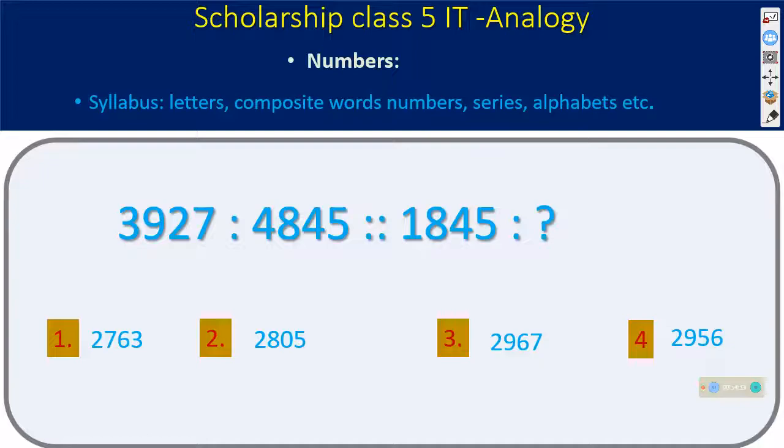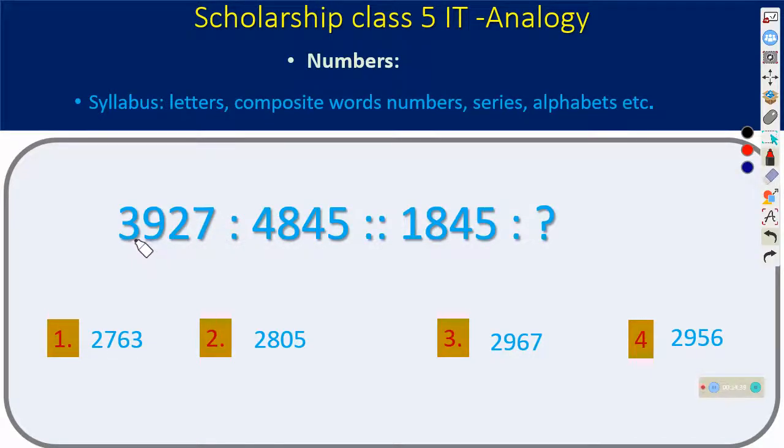Now the question is how to find out the relationship between these two. 3 became 3927 4845. Not an easy job. 3925. Is there a simple subtraction?